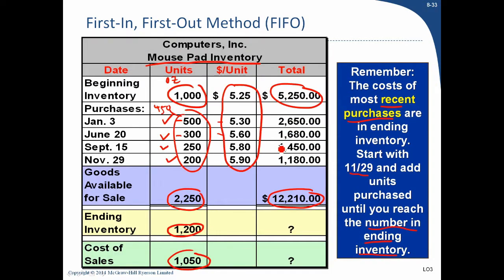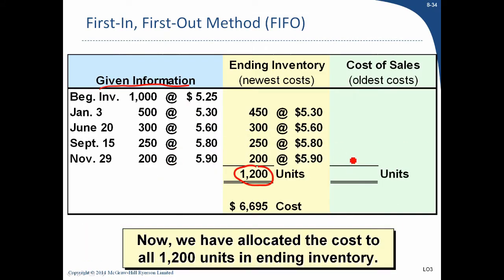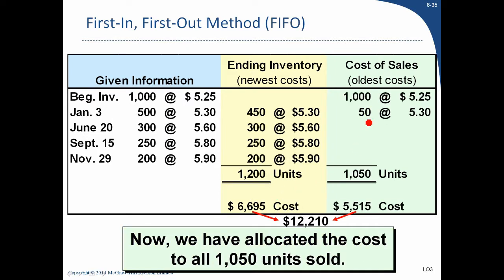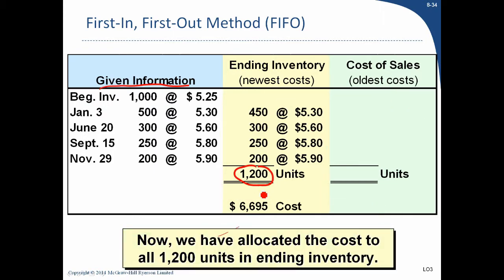We know that on September 15th we spent $5.80 a unit to buy the 250 units. And so what happens if you multiply all these out, 450 times 5.30 plus 300 times 5.60 plus 250 times 5.80 plus 200 times 5.90, you're going to get to $6,695. That's the cost of the ending inventory.